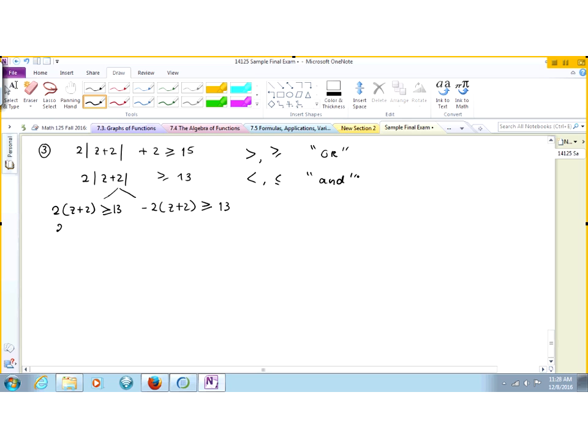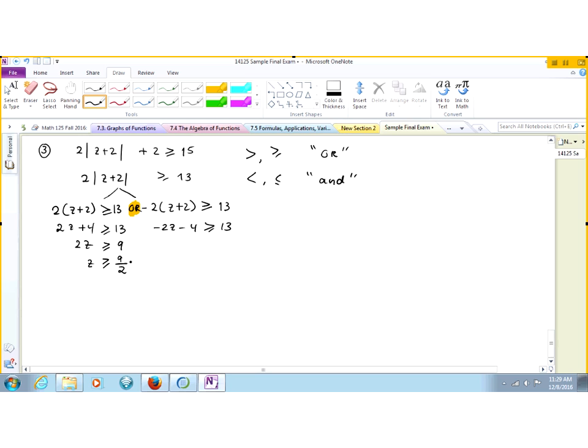So 2z plus 4 is greater than or equal to 13, or negative 2z minus 4 is greater than or equal to 13. So 2z is greater than or equal to 13 minus 4, 9. So z is greater than or equal to 9 over 2.